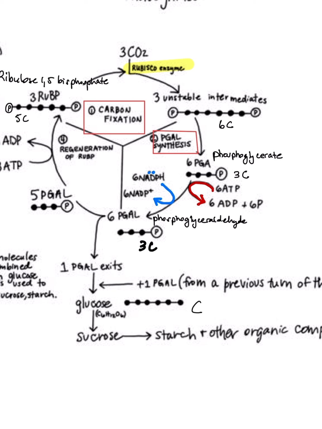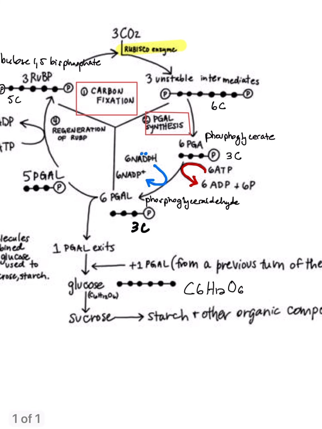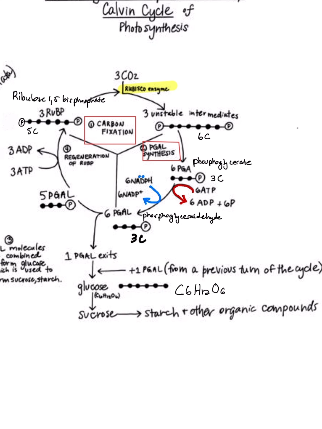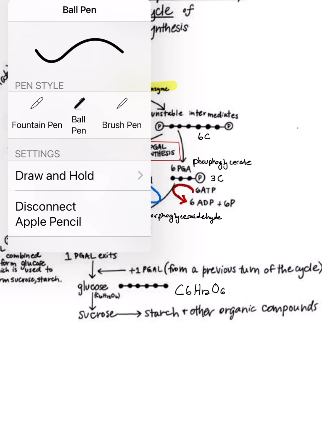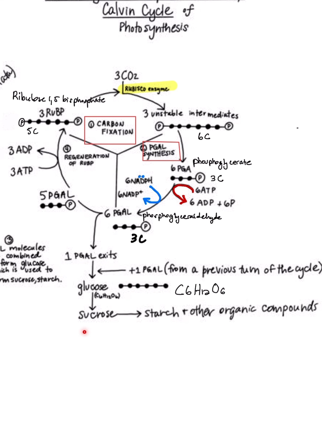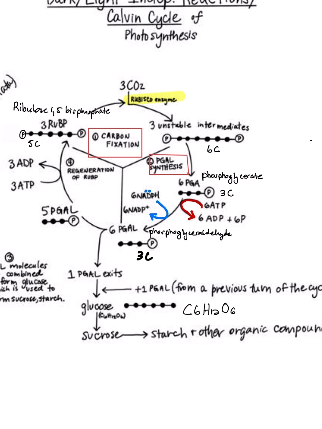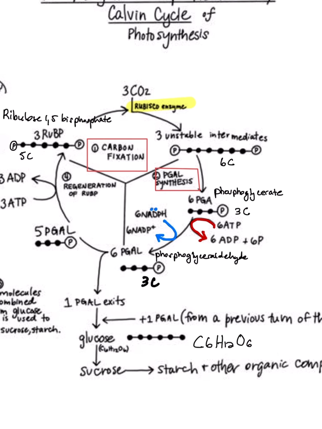Now, glucose, our C6H12O6 molecule here, can be joined together. If you add 2 of them together, you can form sucrose. And if you keep adding more and more together, you can form starch, and eventually even some other organic compounds can form. And most of the energy will be stored in the form of starch in a plant.